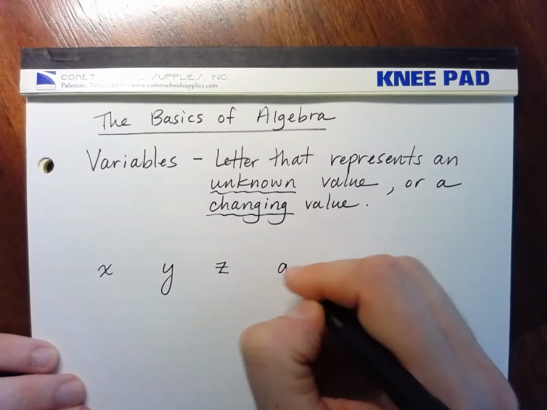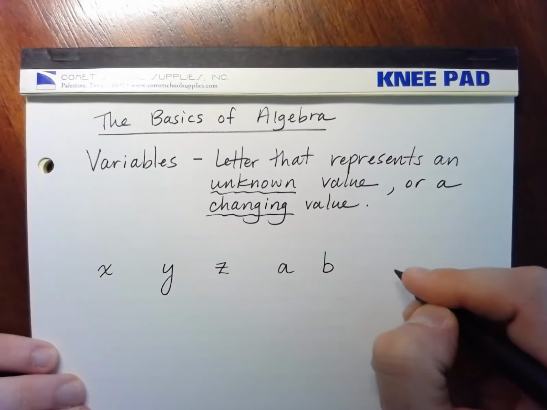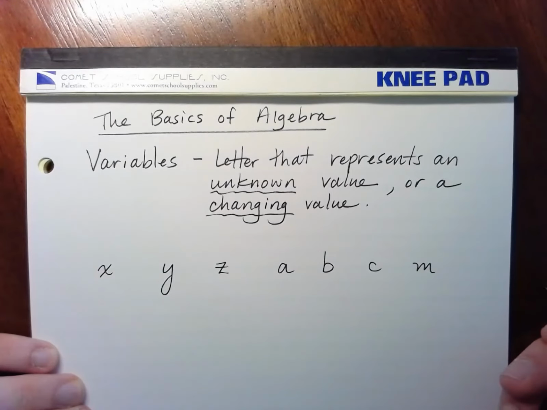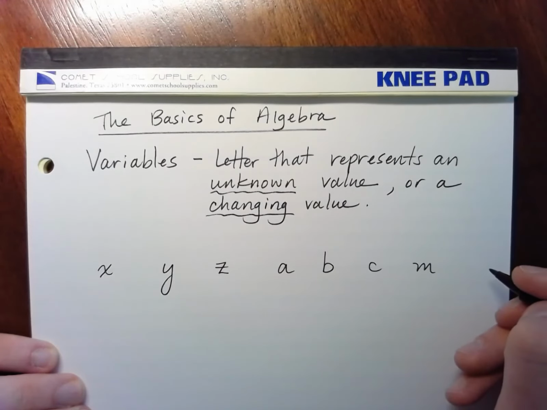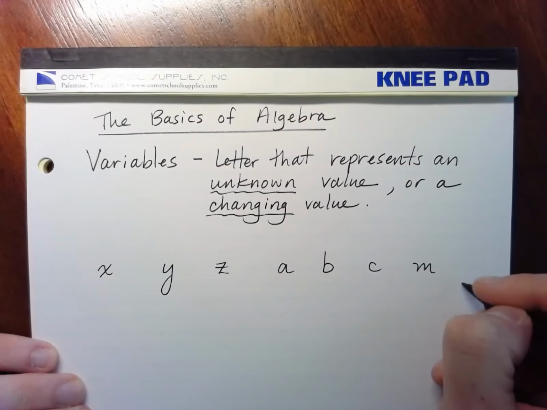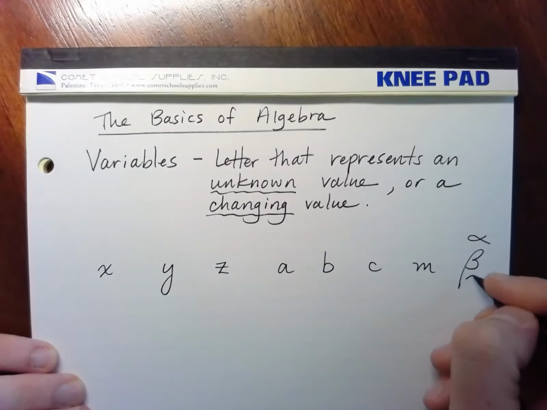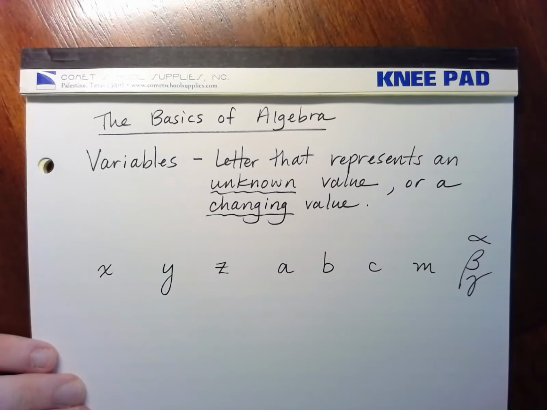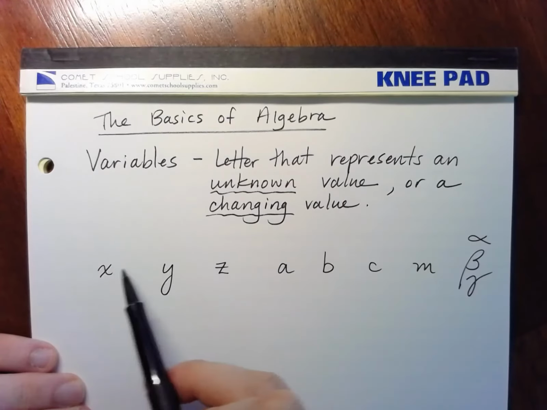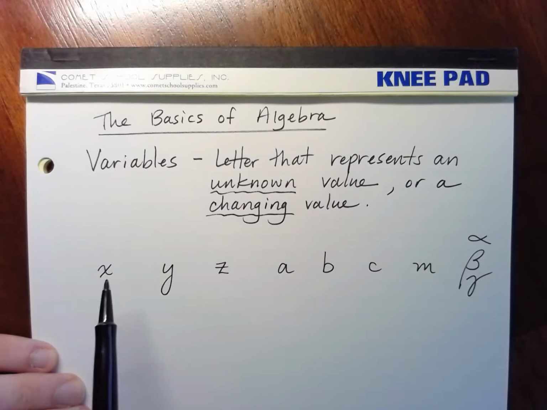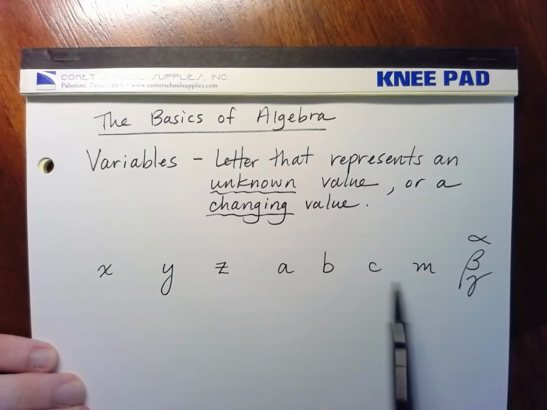We could use a, or we could use b, or we could use c, or we could use m, or we could use even some Greek letters like the letter beta, or the letter alpha, or the letter gamma. Okay, these are all okay to use as variables because they are just letters that represent a changing or an unknown value.